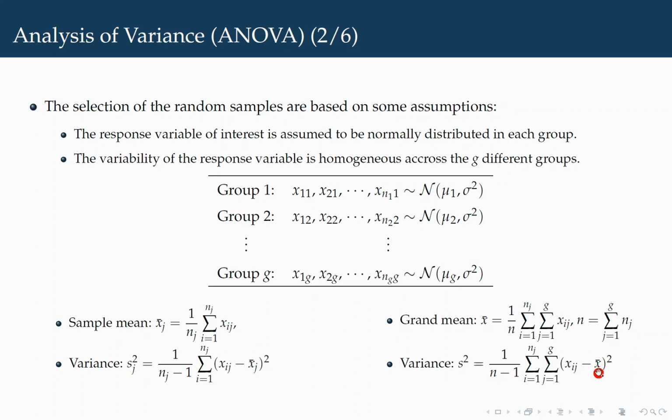This overall mean is nothing but the sum of all the values divided by the total number of observations. Here the inner summation represents the groups, and the outer summation represents the observations belonging to each group. So the overall variance could be calculated in this form.